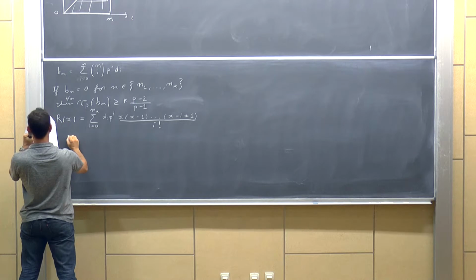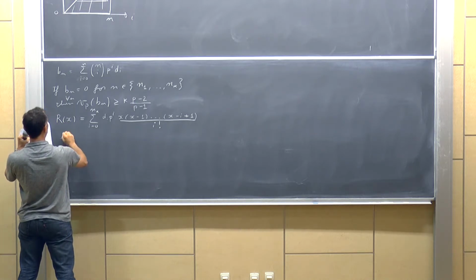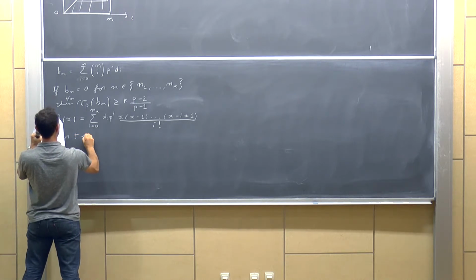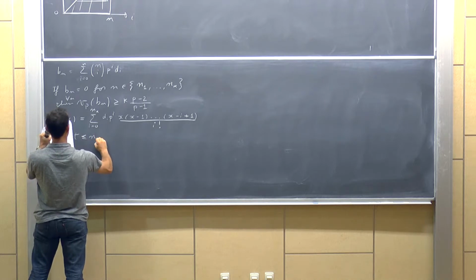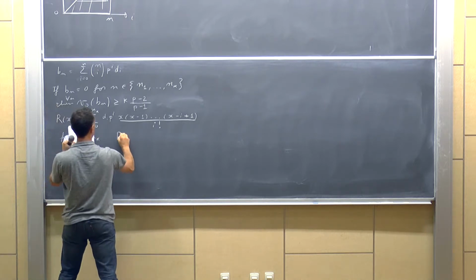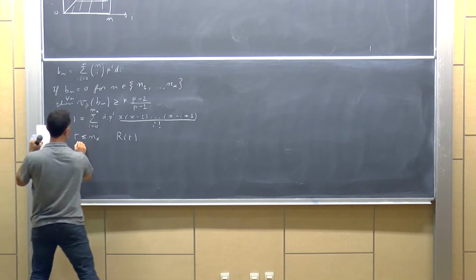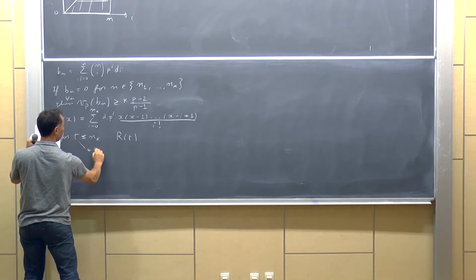And for t less than or equal to n_k, I have r of t. This is an integer.